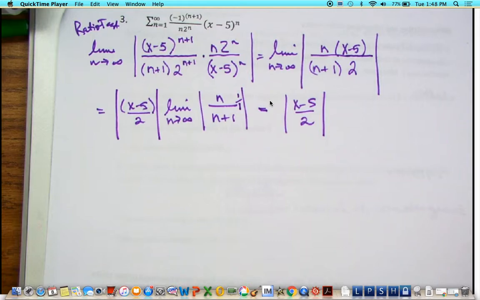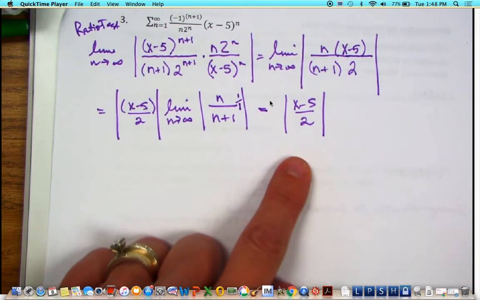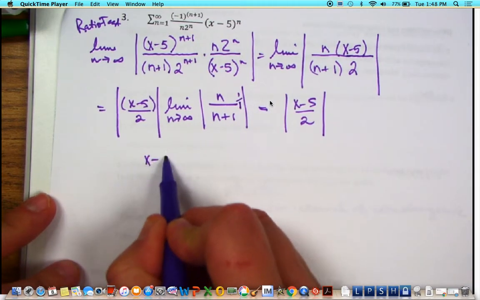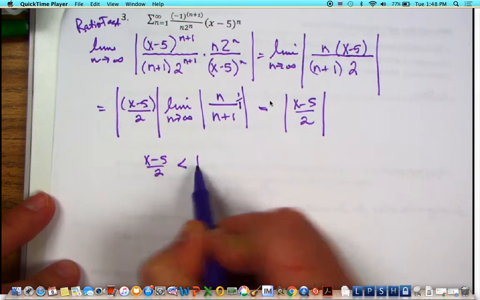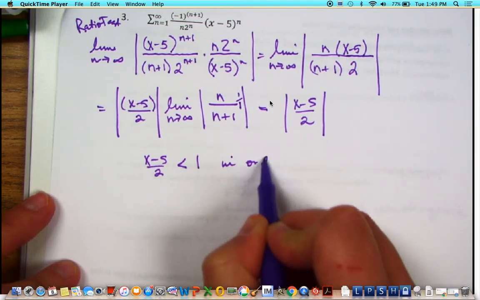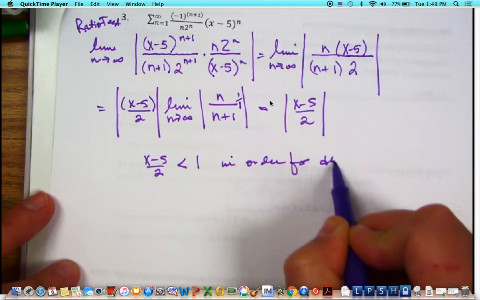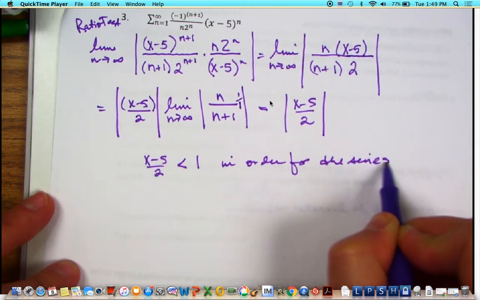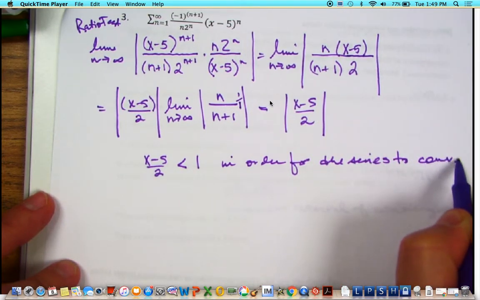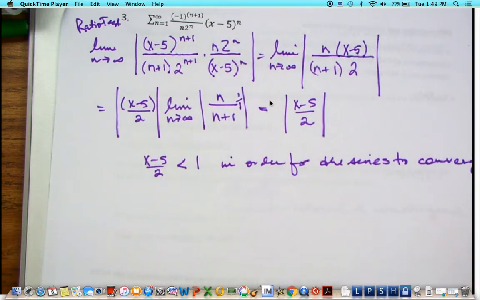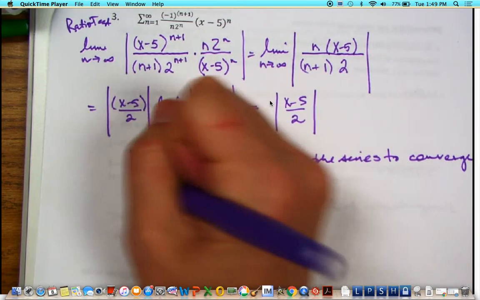What has to be true about that in order for this thing to converge? It has to be less than 1. Yes. So the absolute value of x minus 5 over 2 must be less than 1 in order for the series to converge.